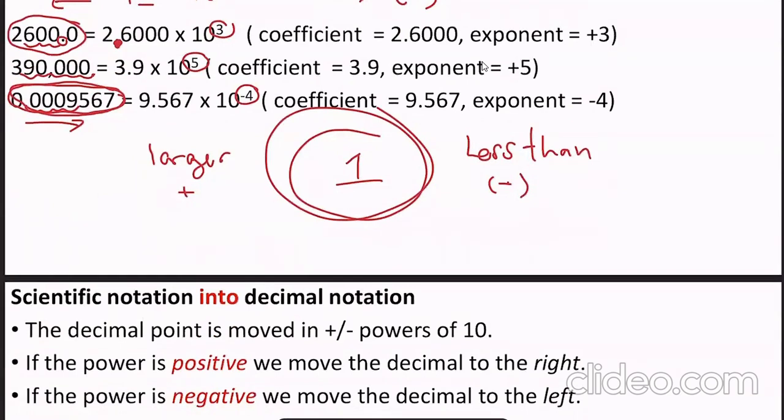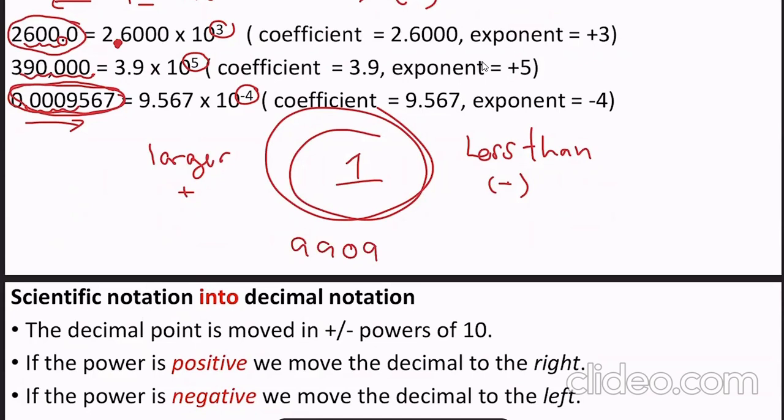If I give you a value, 9,909. Is this value larger than 1 or is it less than 1?